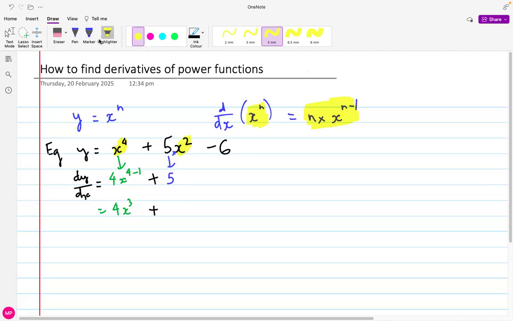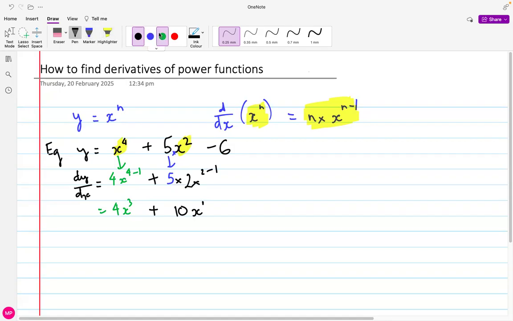So n now becomes 2, so 2 times x to the power of 2 minus 1. And then you can times these together. 5 times 2 equals 10, and then x to the power of 2 minus 1 equals 1. So 10x^1, which is just 10x.